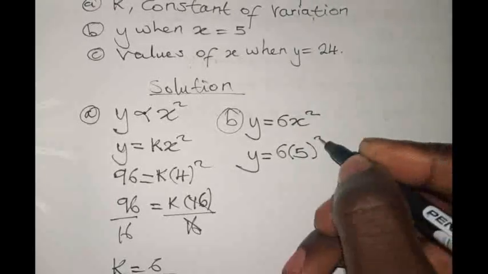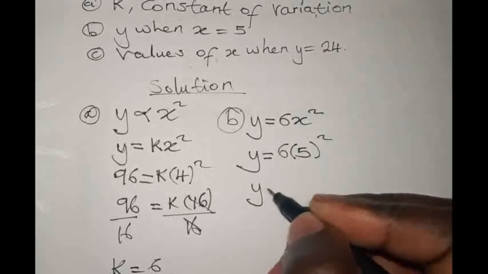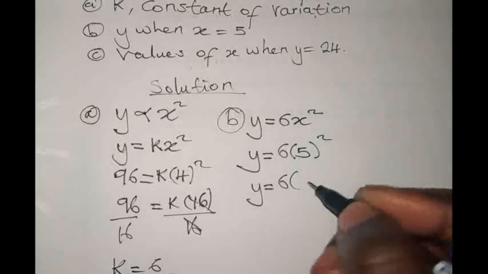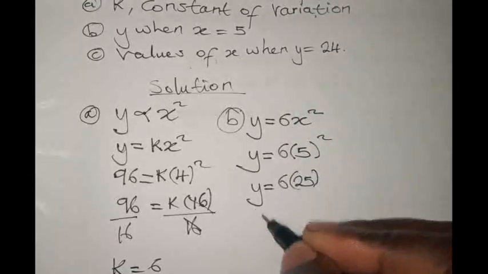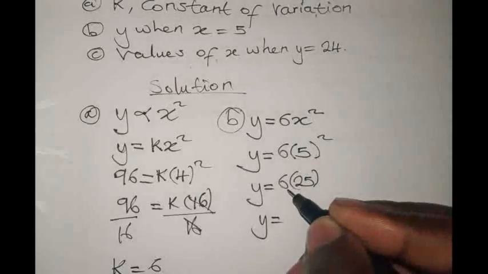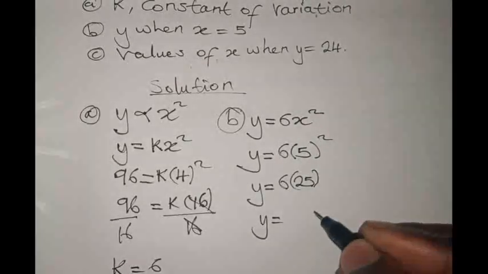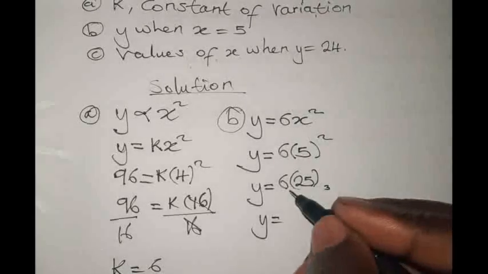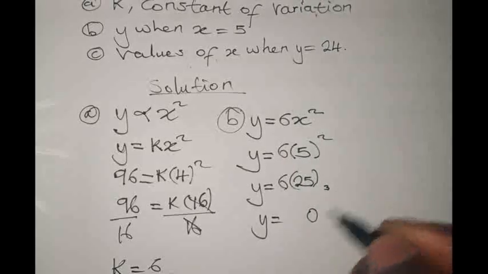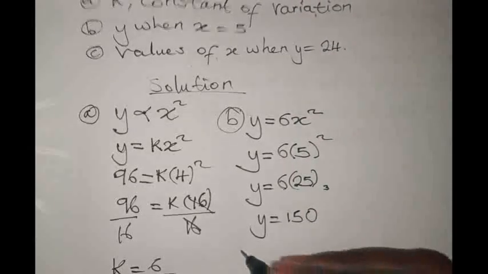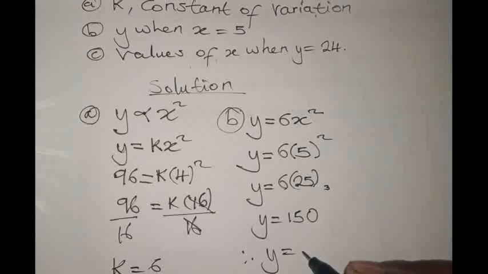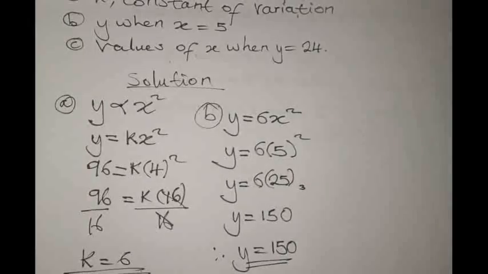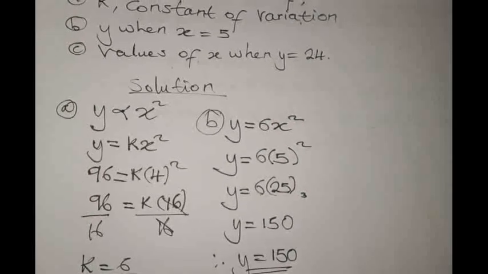Now remember, this 5 is squared, so y will then be equal to 6 times 5 squared. What is 5 squared? It's 25. Then y will be equal to 6 by 25. 6 by 5 is 30, put down 0, carry 3. Then 6 by 2 is 12, 12 plus 3 is 15. So therefore the value of y is simply 150. We end there.